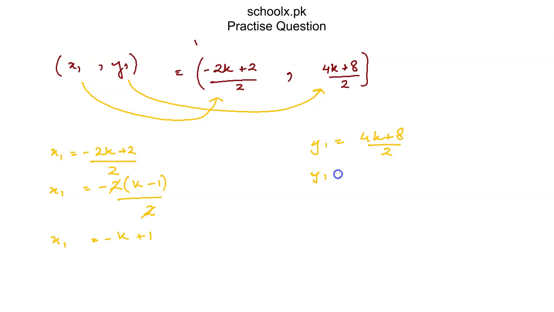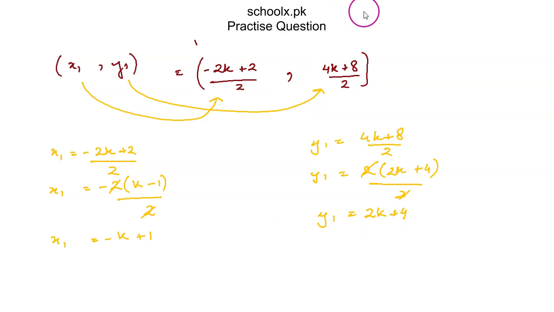Simplifying this further, taking 2 as common, 2(2k + 4) over 2, the 2 cancels and we get y1 equals 2k + 4.